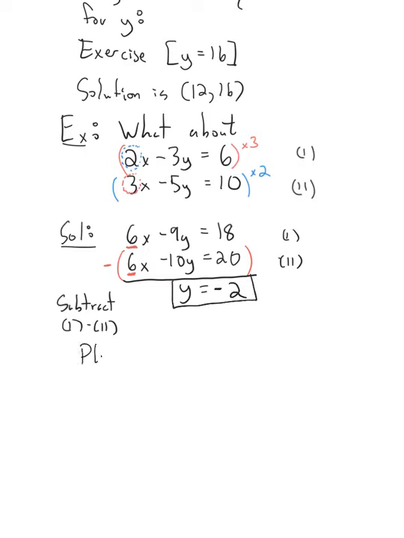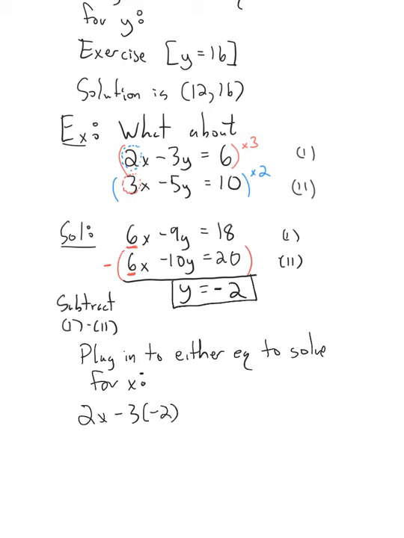And we can plug that in to either equation to solve for x. So let's do it this time. Let's plug it into 1, I guess. Again, either one will work. So we have y equals negative 2. So we have 2x minus 3 times negative 2 equals 6.